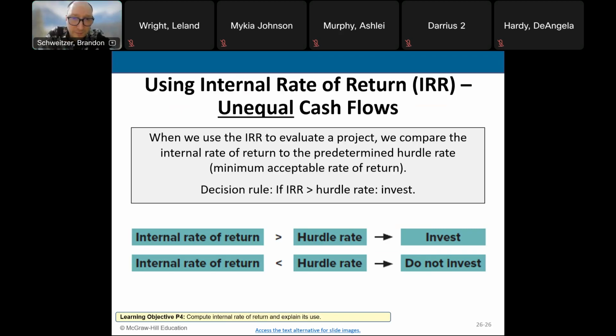So think of a hurdle rate as the lowest rate of return. It's the hurdle. It's the lowest amount, right? So IRR above the hurdle rate, be good. Above that minimum allowable investment. Right? That's a way of thinking about hurdle rate.